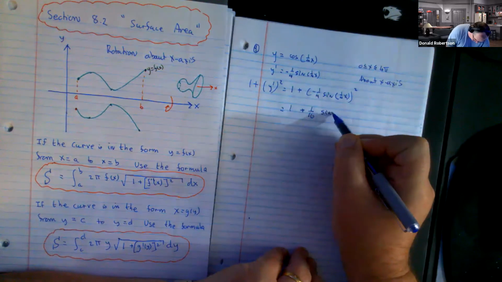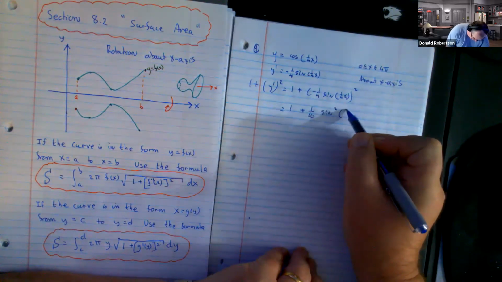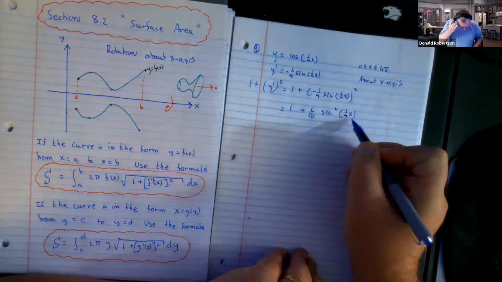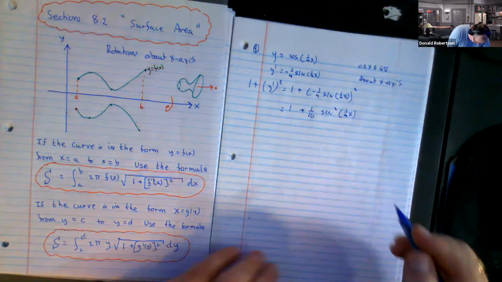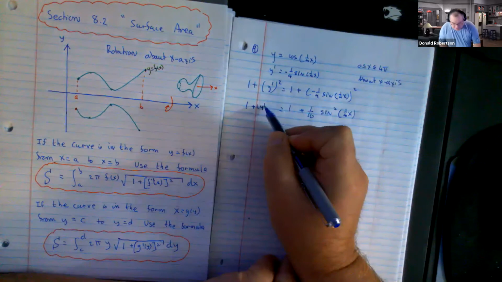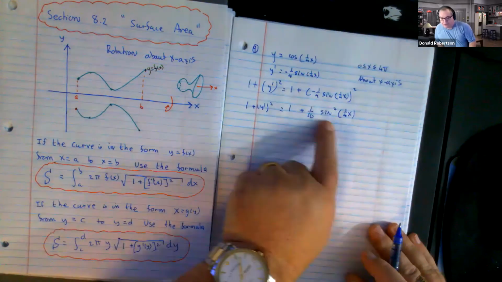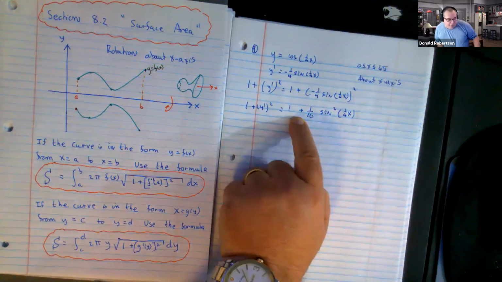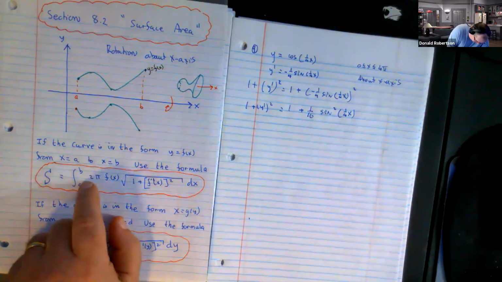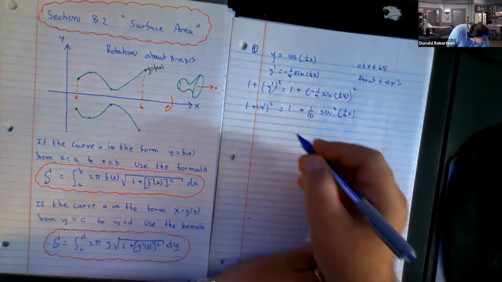Sine squared 1/4 x. So that's kind of where we are. In this particular question, there's really not any useful trig identity that I can use to turn this into anything. So I'm going to go straight into the formula and see if we can get out of this that way.